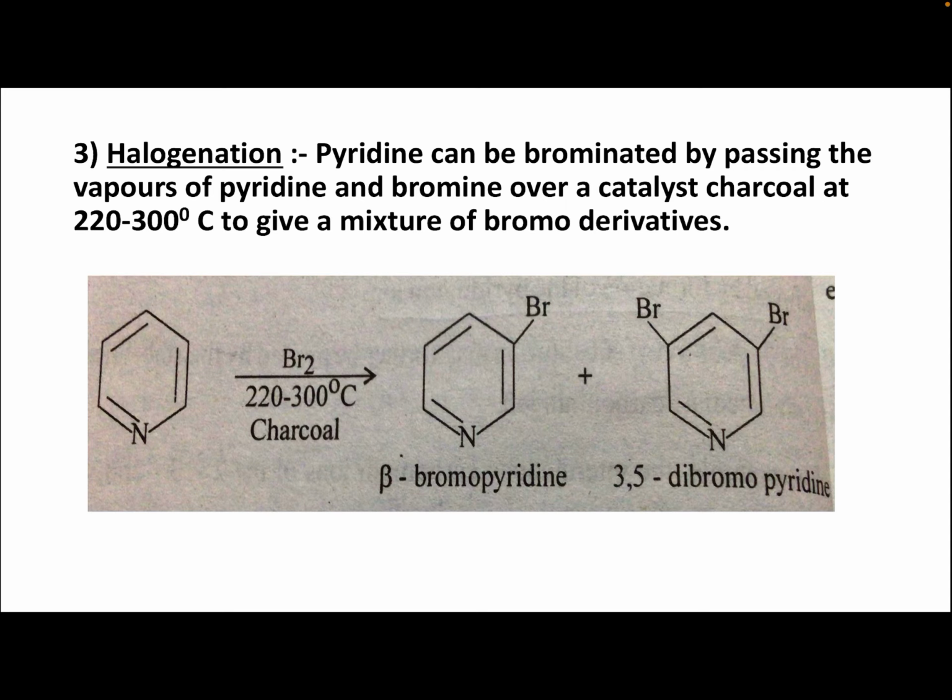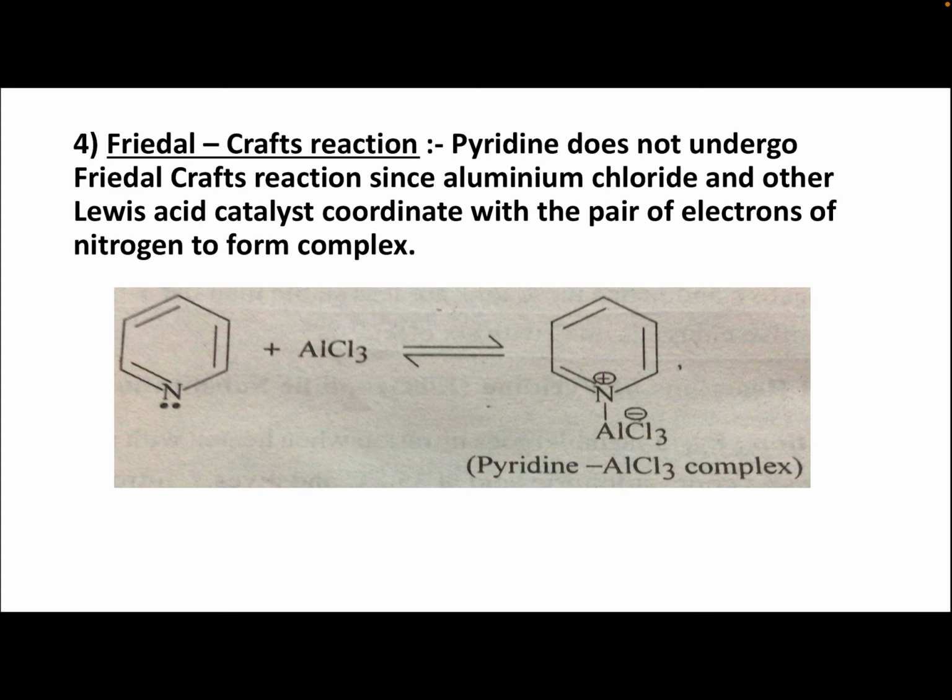Then temperature is 220 to 300 degrees centigrade over the charcoal, and we are getting beta-bromopyridine, or it is known as 3-bromopyridine, and one more, 3,5-dibromopyridine. So halogenation of pyridine gives beta-bromopyridine or 3-bromopyridine and 3,5-dibromopyridine.